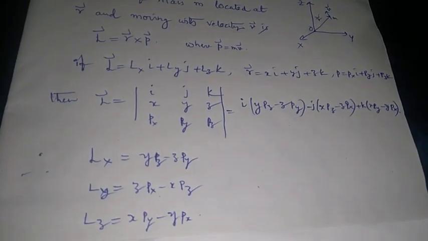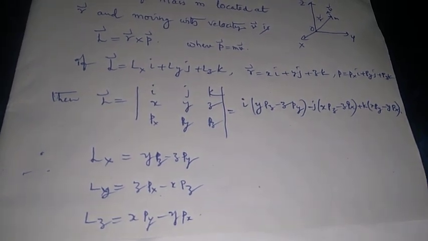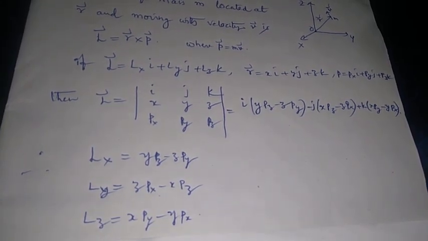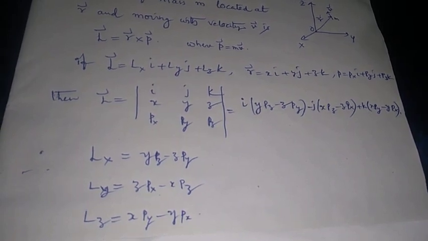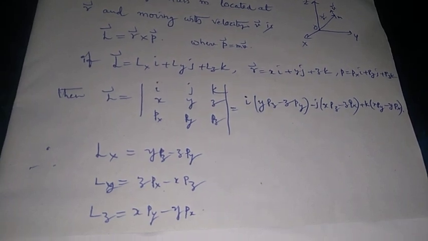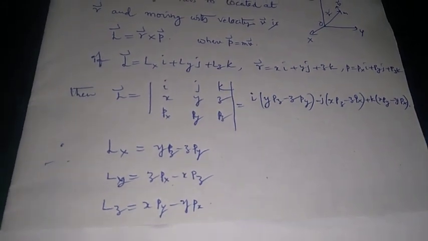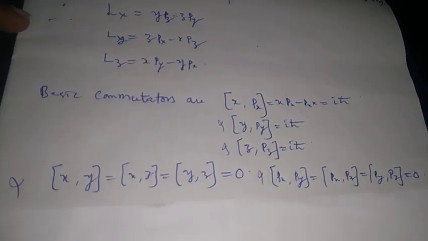In component form, L is expressed as Lx i + Ly j + Lz k, the position r as (x, y, z), and the momentum p as (px, py, pz). Then Lx, Ly and Lz take these equations.